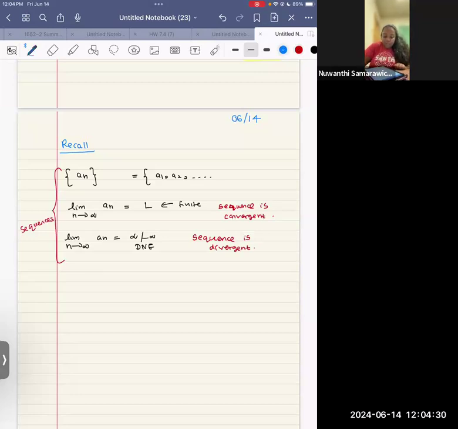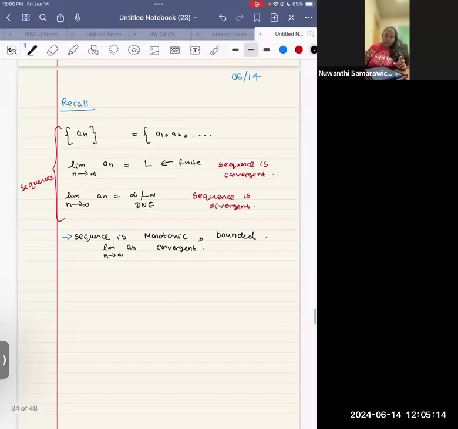We covered increasing sequences, decreasing sequences, monotonic increasing and monotonic decreasing, and showed that if a sequence is monotonic and bounded, then the limit exists and the sequence is convergent. So this is what we did in the sequences part.